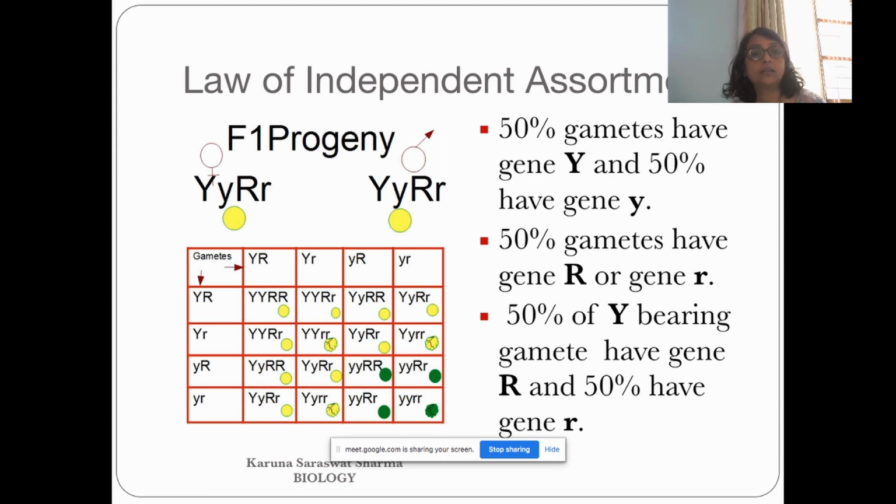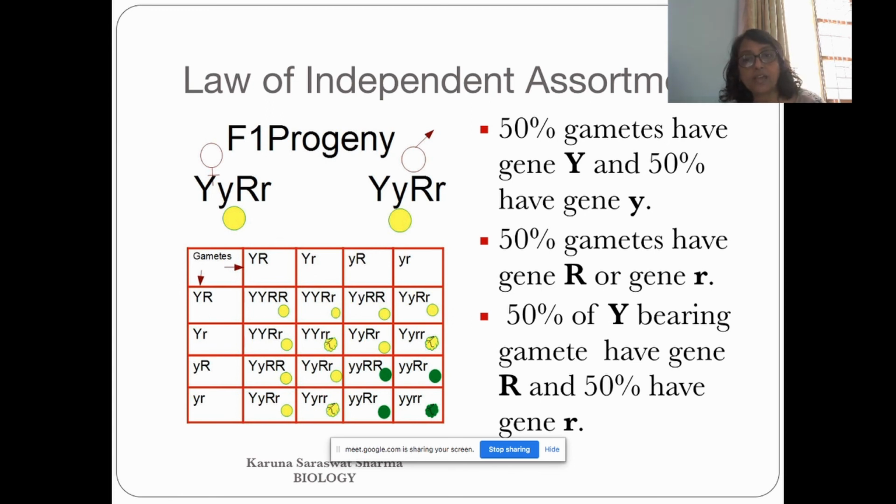So when there is a fusion taking place of the pollen of the same flower to the stigma, and it then fuses with the ovum, then what do we have? 50% of the gametes with a capital Y gene and 50% of the gametes have a small y gene. 50% of the gametes have capital R gene and 50% have small r gene.